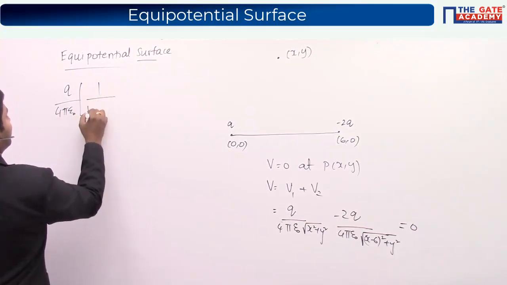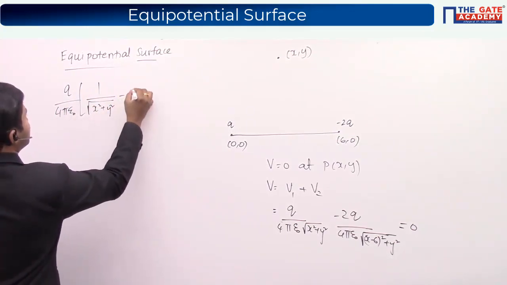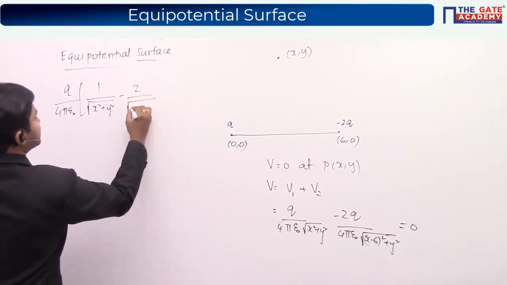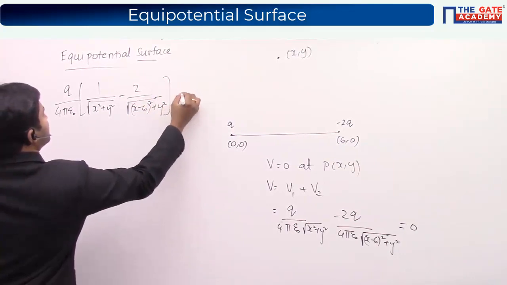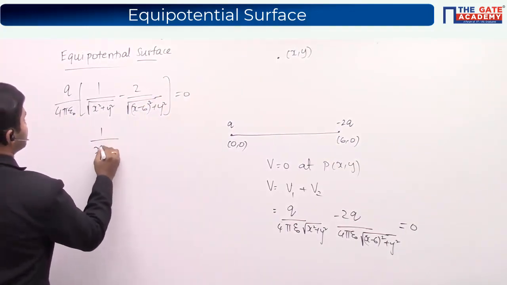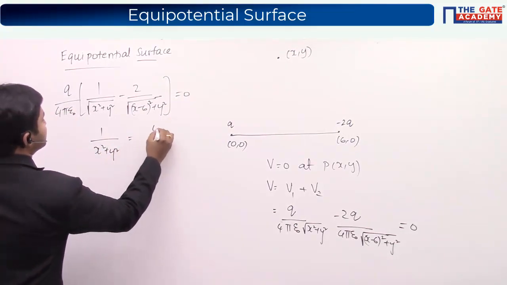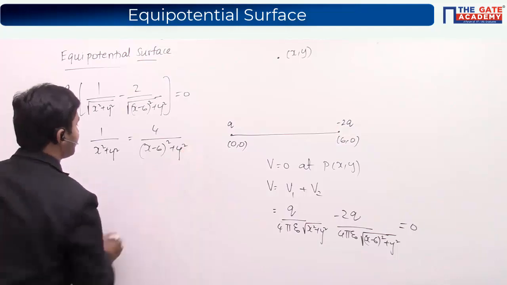So you have 1 by the square root of x square plus y square, minus 2 by the square root of (x minus 6) whole square plus y square, equal to 0. So you'll have 1 by x square plus y square, and here it is 4 by (x minus 6) whole square plus y square.